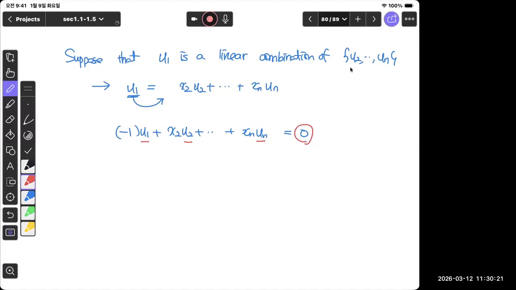and the coefficient of u1 is not 0. The coefficients of the other vectors, x2 up to xn, may be zeros, but it doesn't matter. As long as the coefficient of u1 is not 0, if you can produce a 0 vector from these n vectors with some non-zero coefficient, then the set of these n vectors u1 up to un will be linearly dependent.